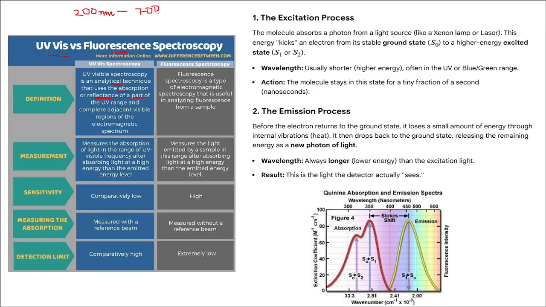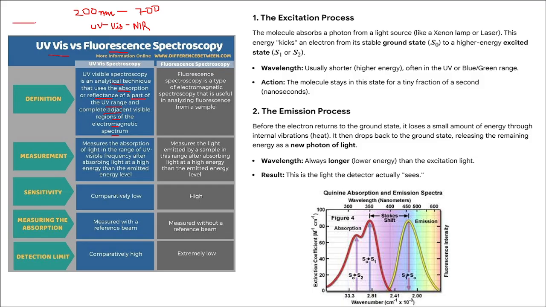You can go up to 1200, 1400; UV-visible-NIR spectroscopy is also available. So UV spectroscopy uses the absorption or reflectance of a part of the UV range and the complete adjacent visible regions of the electromagnetic spectrum.